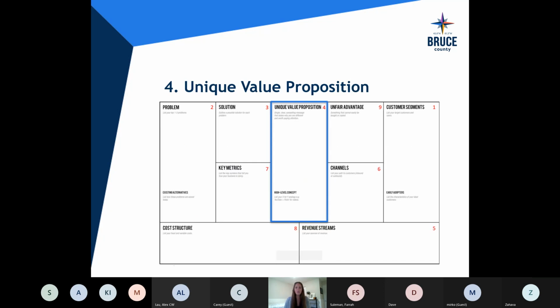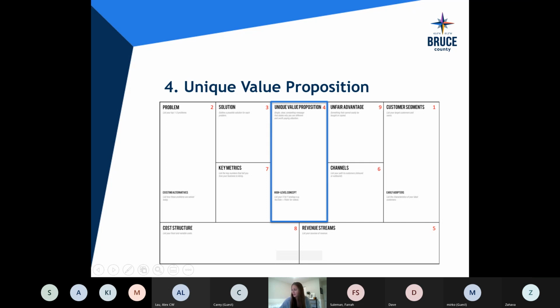Now, one of the most interesting segments of this Lean Canvas is the unique value proposition. This is really focused on how you're getting the customer's attention. It's your number one problem plus your solution.